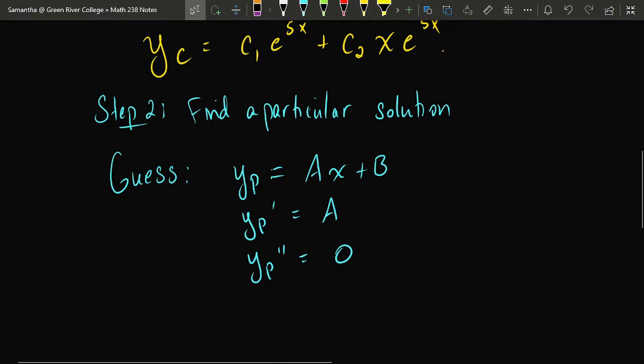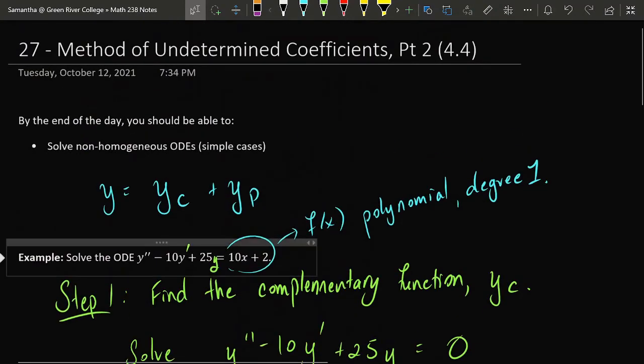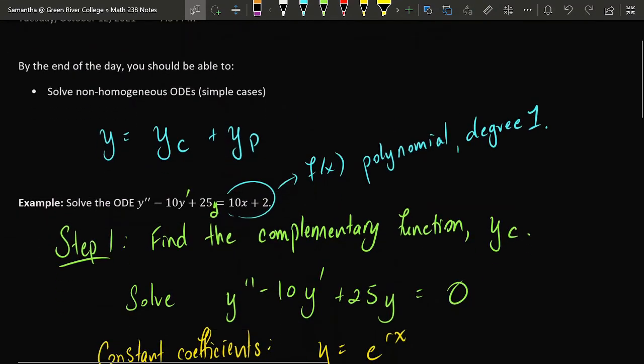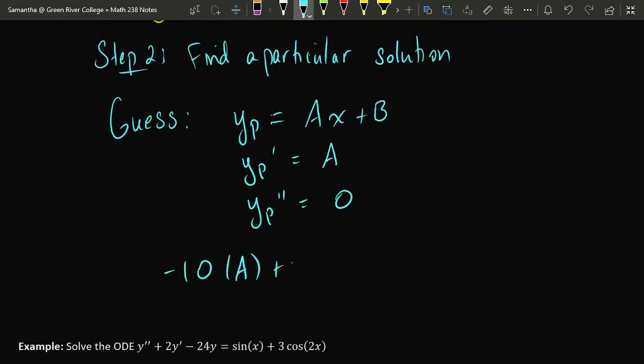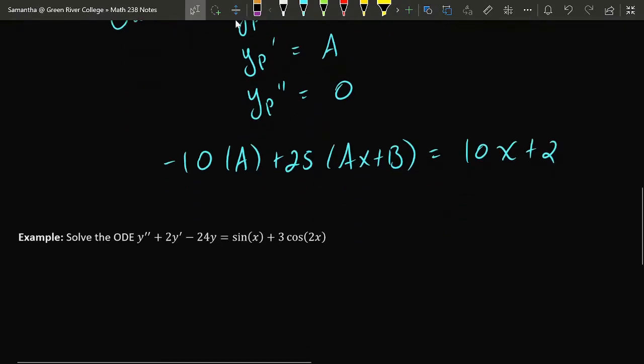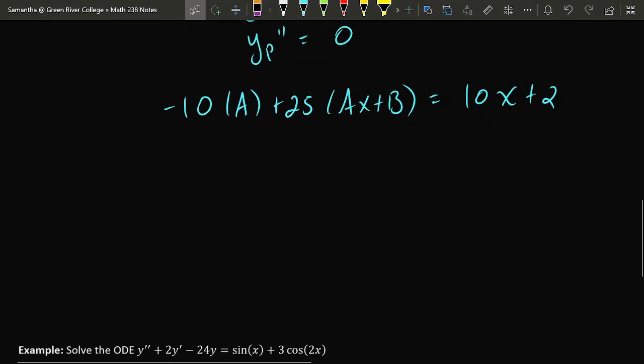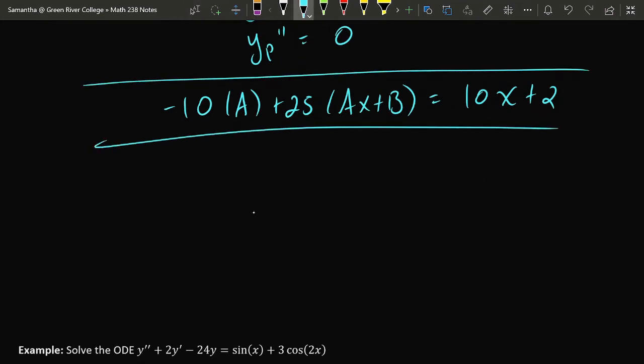So if I plug that guess into my original differential equation, then I get negative 10 times a plus 25 times ax plus b, and my goal is to make that equal to 10x plus 2. Let me simplify this and organize it according to which terms have x's and which terms are constants.